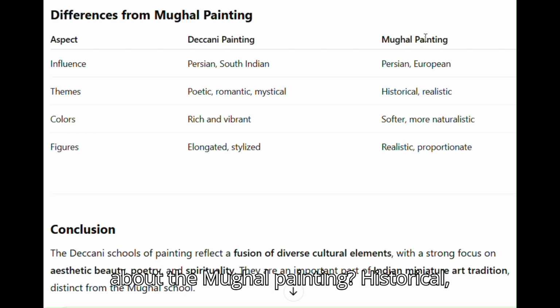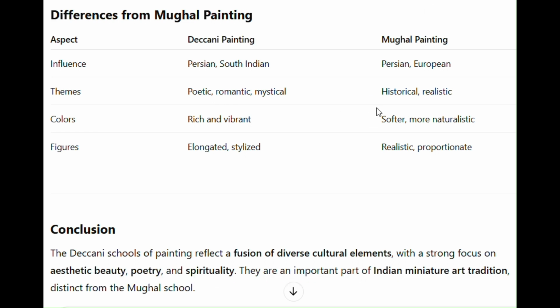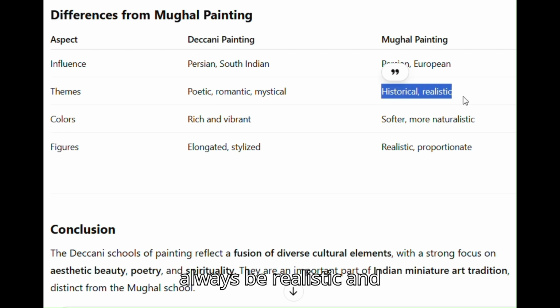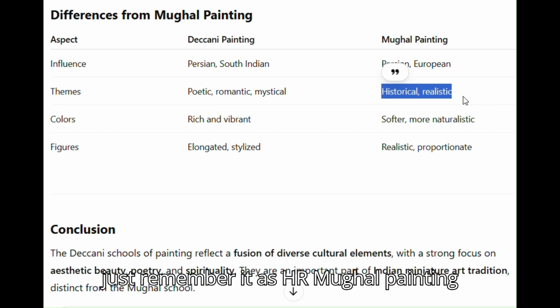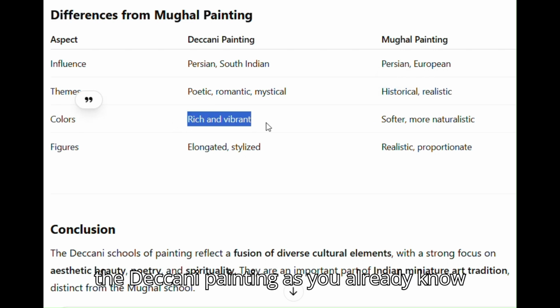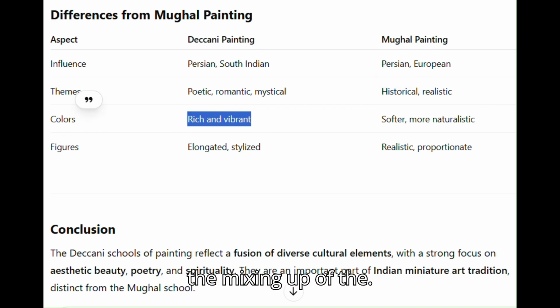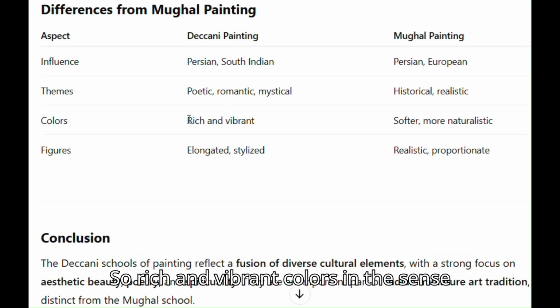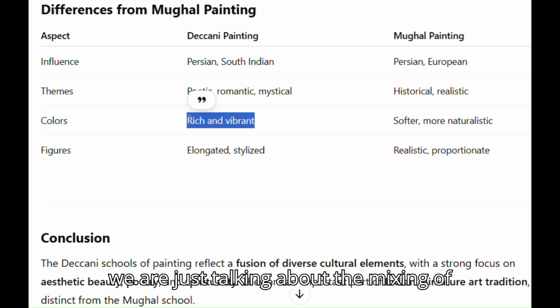Then what about the Mughal painting? Historical, realistic. So Mughal painting will always be realistic and historical. Just remember it as HR. Colors: rich and vibrant colors are used in the Deccani painting, meaning the mixing of red, emerald green, crimson, and deep blue.